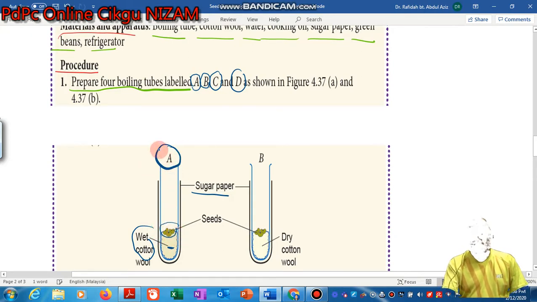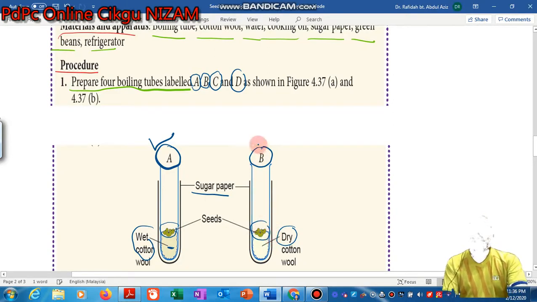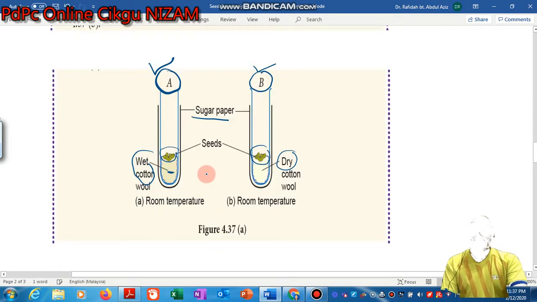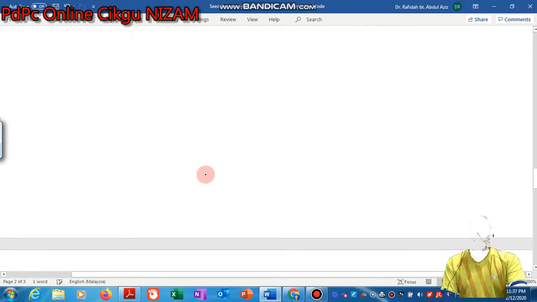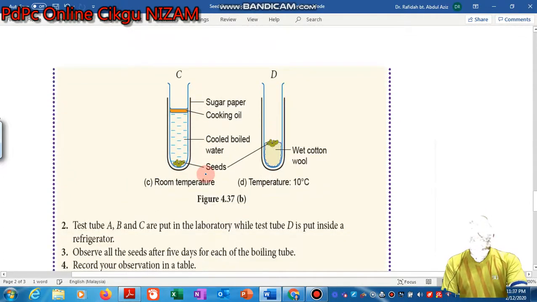Okay, so this is for boiling tube A. For boiling tube B, we put dry cotton wool, and then seed on the surface of this cotton wool. So this is the B boiling tube. So next, boiling tube C.